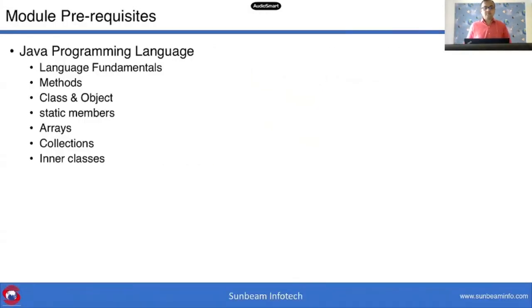So the very first thing, what is the prerequisite of the module? I guess I already typed it on your WhatsApp group. The prerequisite of the module is the Java programming language. So I'm very sure you people had extensive work on Java, and you should be very comfortable. Probably this list I have already shared with you.